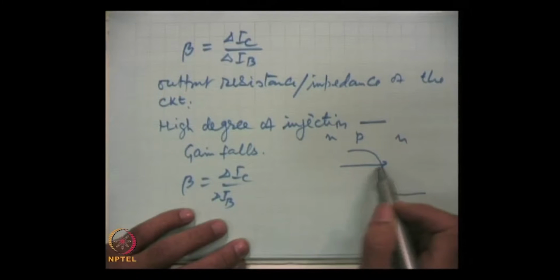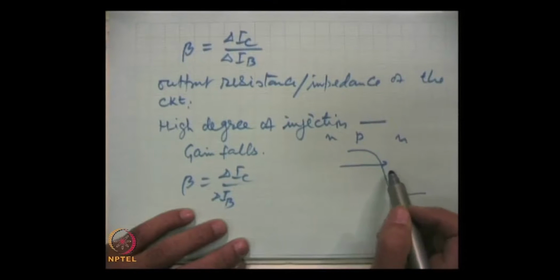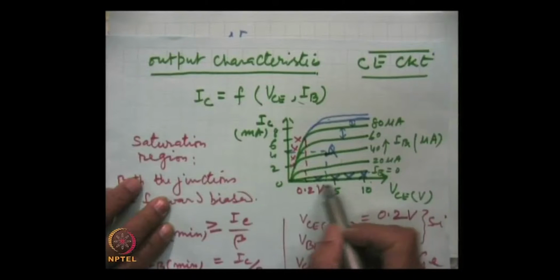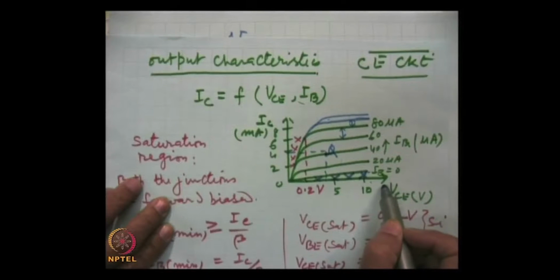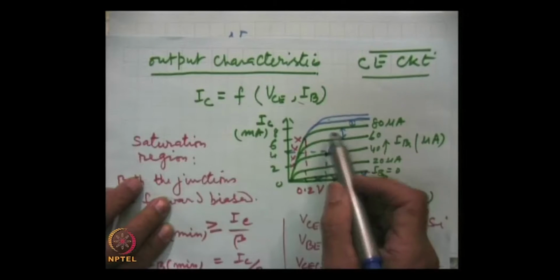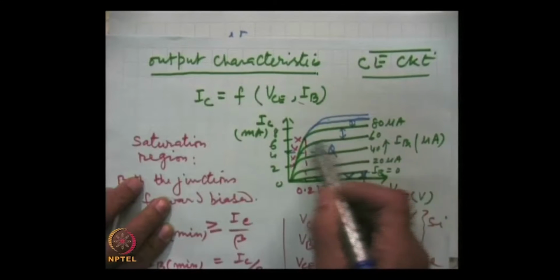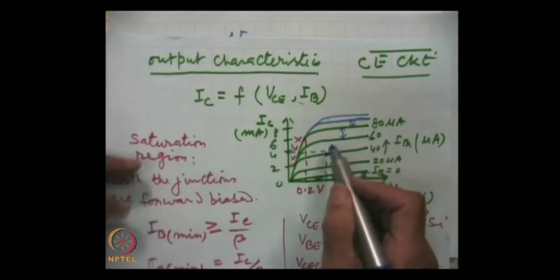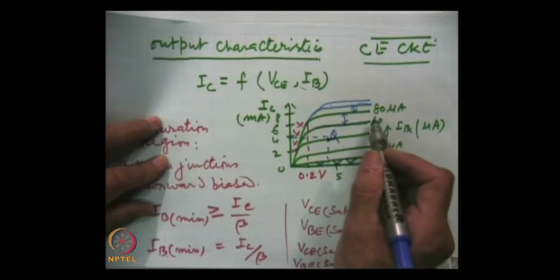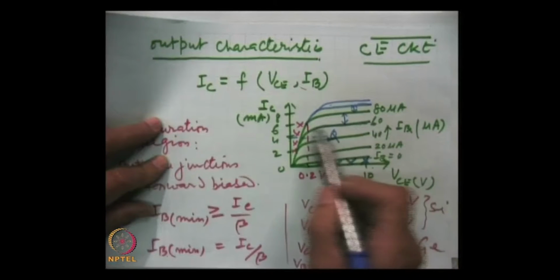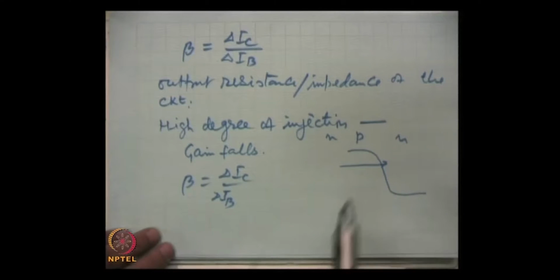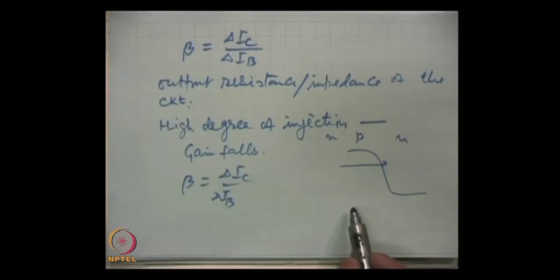So, what we said earlier is that the output current should be independent of this reverse voltage. This is true to a very large extent, but not 100%. There is a finite slope, and the curves are not exactly flat.